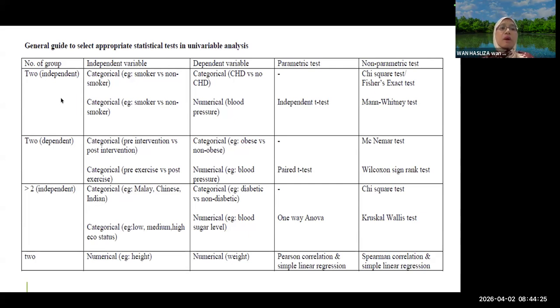But when you talk about dependent, it means you have to take the information or do a questionnaire two times, meaning you have pre and post. This is suitable for those who do an intervention study. Of course, you want to see the effectiveness of your intervention, so you have to take the baseline information, meaning pre-intervention. After that, you measure the same participant after you do the intervention. So that's what we call dependent.